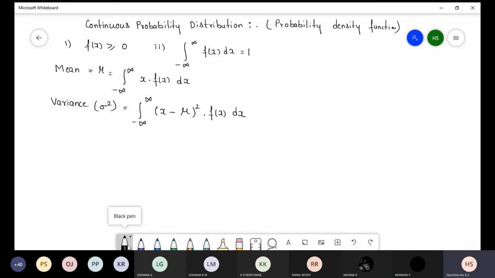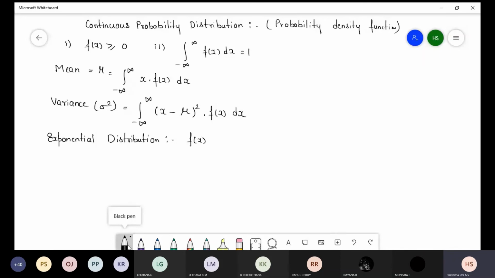Next comes here exponential distribution. Exponential distribution. Definition you just see because sometimes they ask the definition of exponential also. This is the definition.